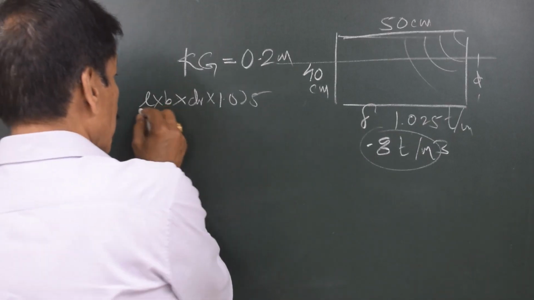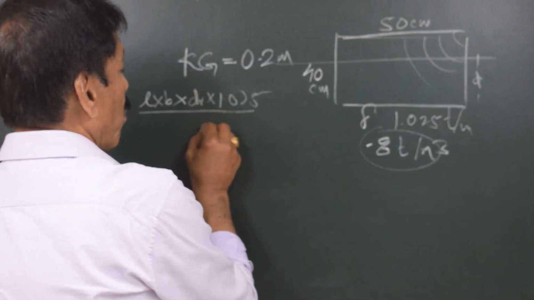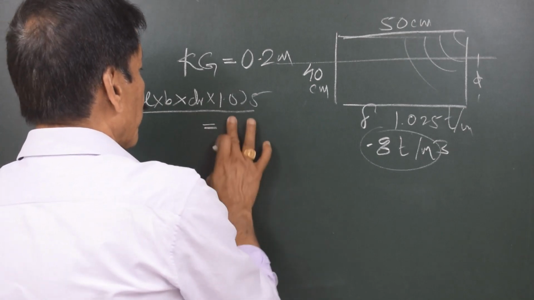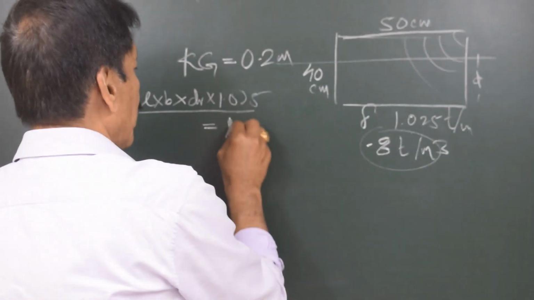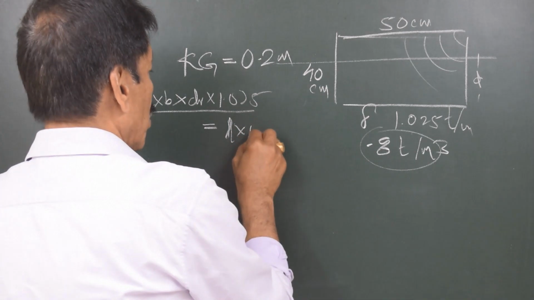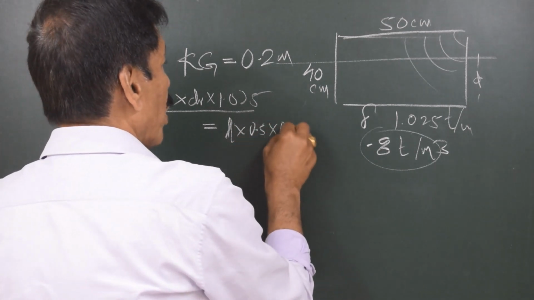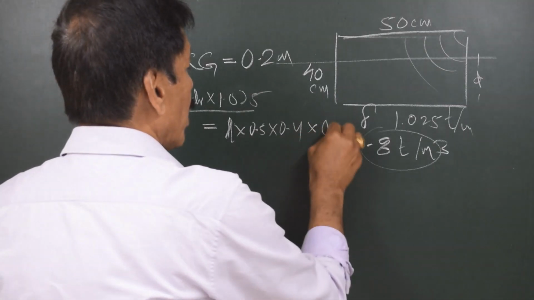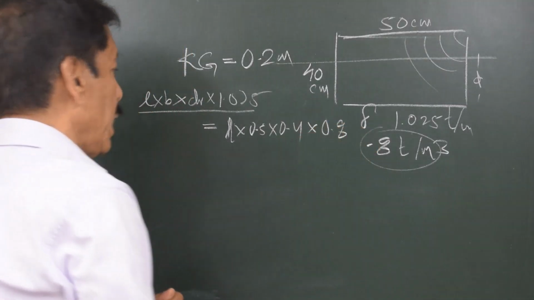Now this should be equal to the mass of the log. Mass of the log is length into cross section, that is 0.5 into 0.4, into the density of the log, that is 0.8.